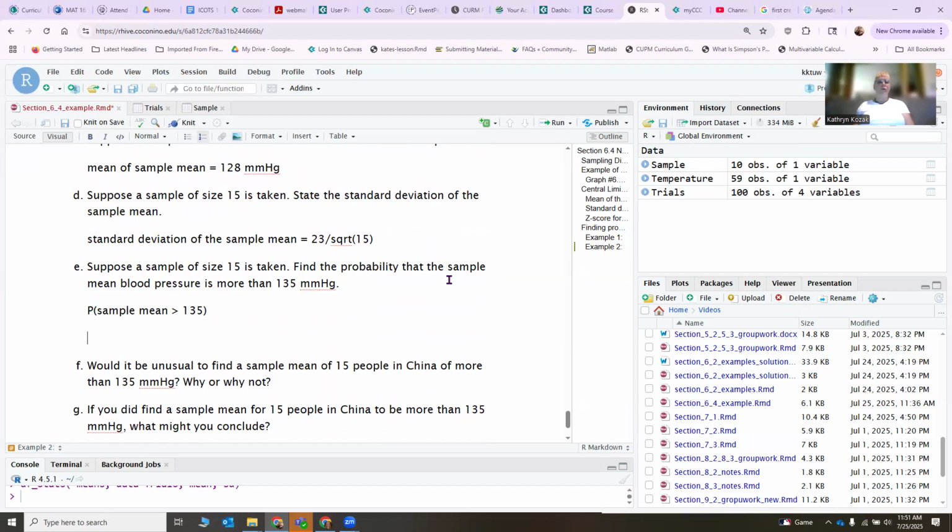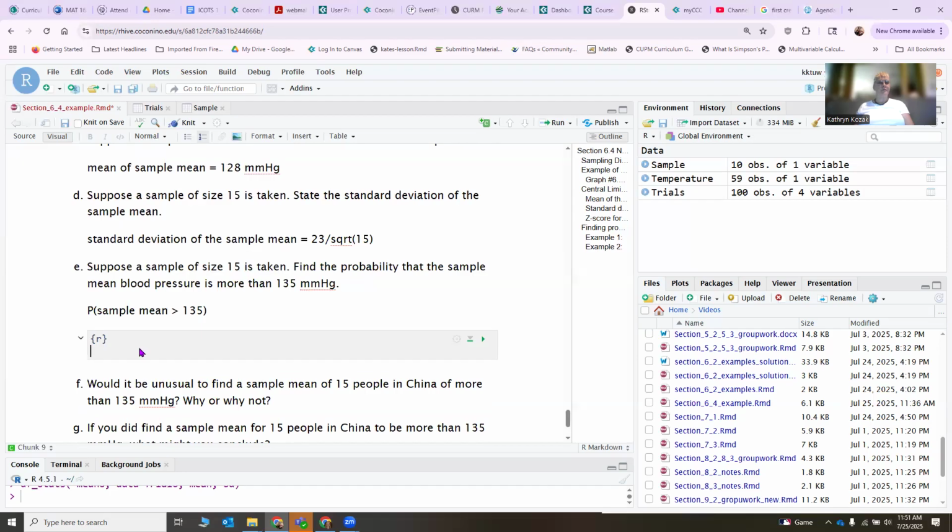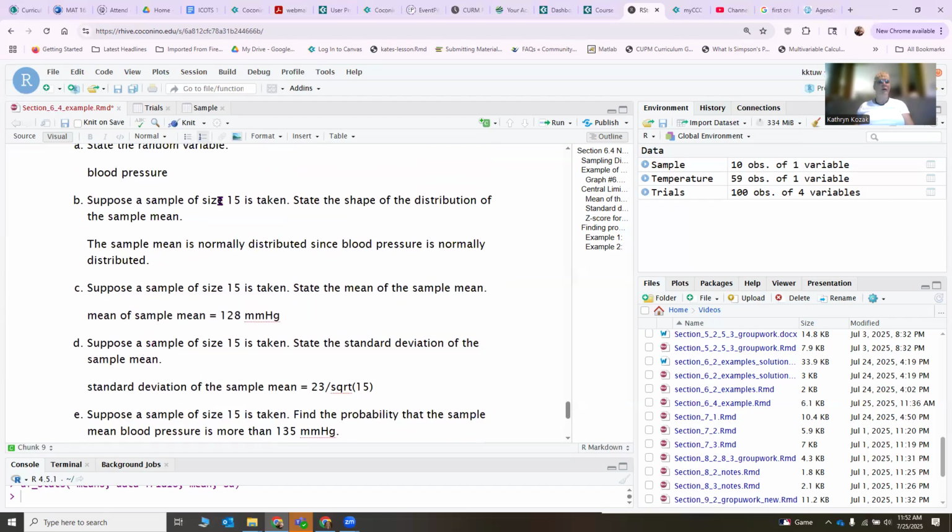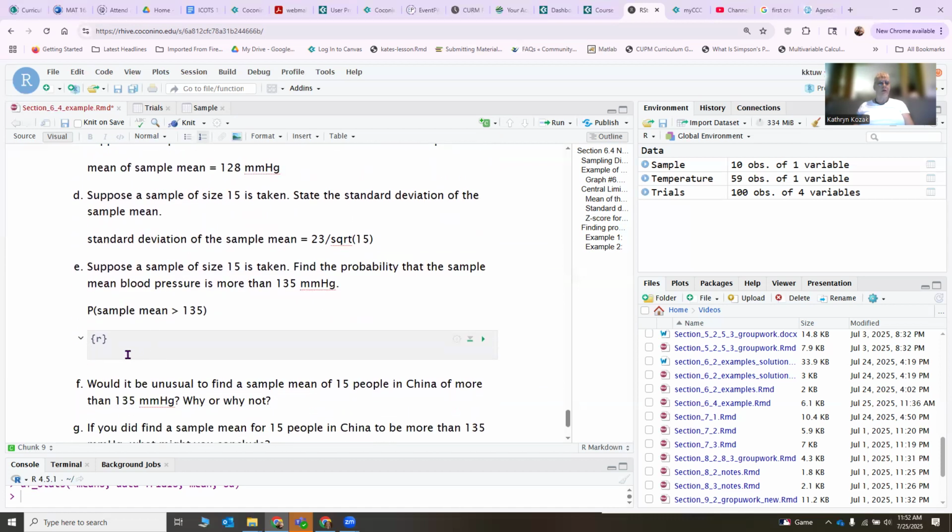Well, we will do this using an R chunk. So we're using a normal distribution because we can assume it's normally distributed. If I didn't know that it was normally distributed from up here, then I couldn't be doing this. But since I know this, I can still use my pnorm. My value I'm looking for is 135. My mean is 128.